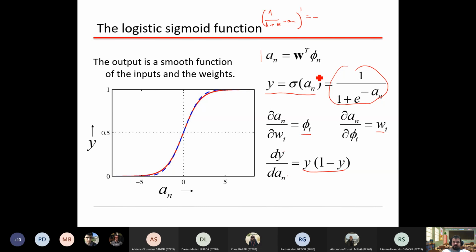So it's a minus in front, and then the denominator is 1 plus e to the minus an, squared, and up top we have this term differentiated, which is minus e to the minus an.